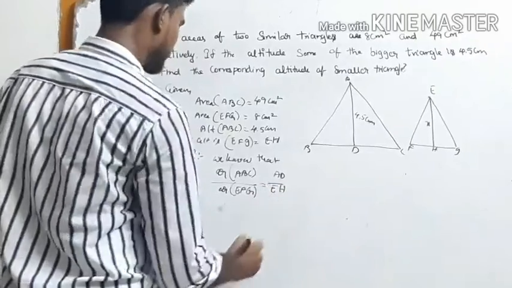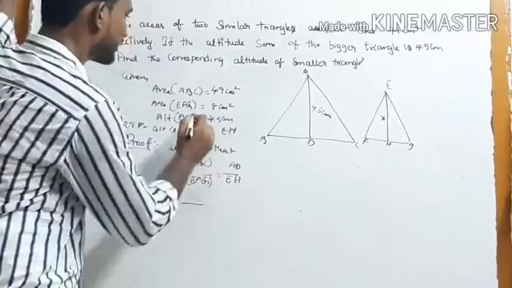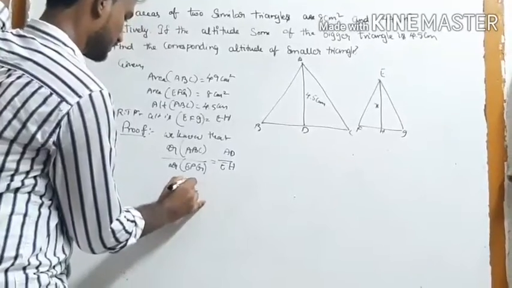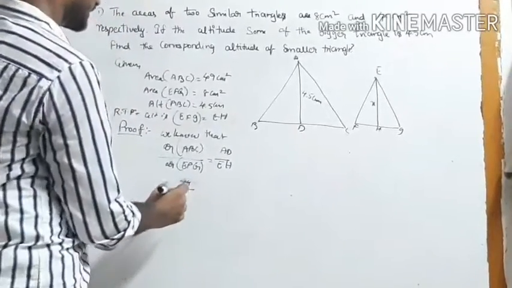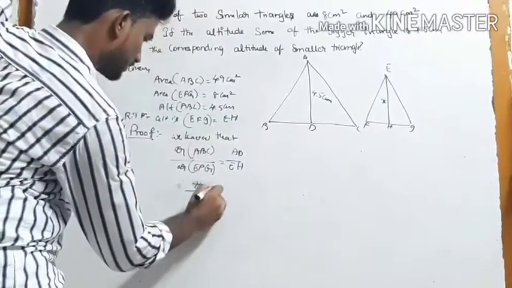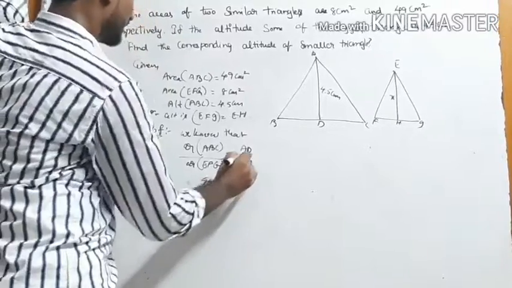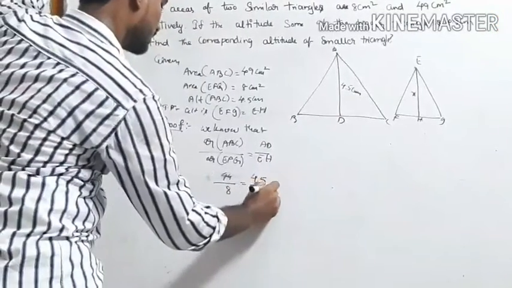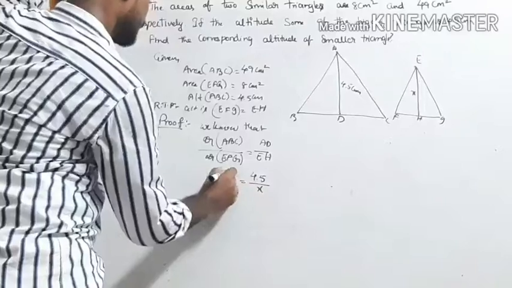The area of triangle ABC is 49 and EFG is 8, which equals AD, that is 4.5, by x.